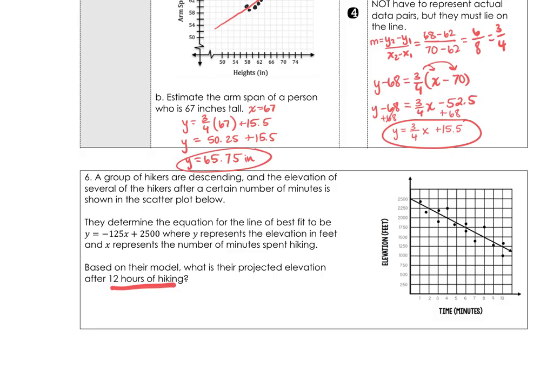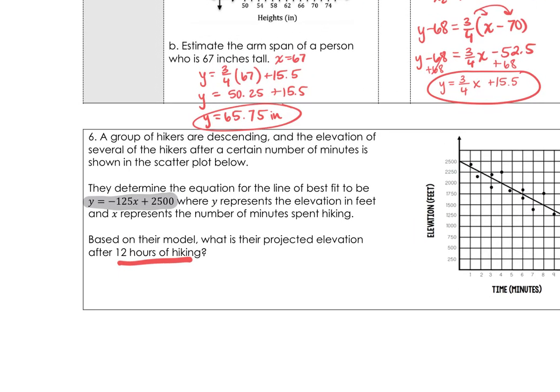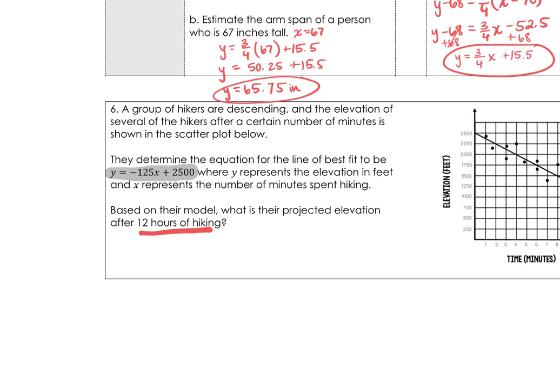Here's their model. If they want us to find 12 hours of hiking, what variable have they given us? X. But this also says 12 hours, and x is in minutes. So we have to convert how many minutes are in an hour. 720 minutes.